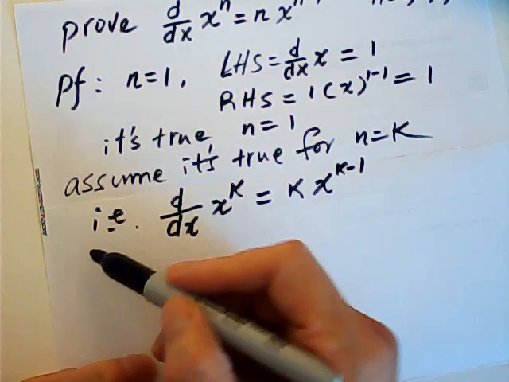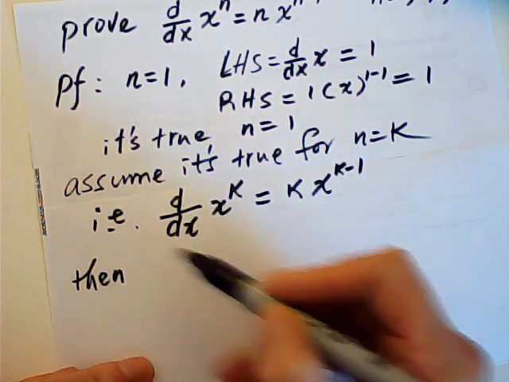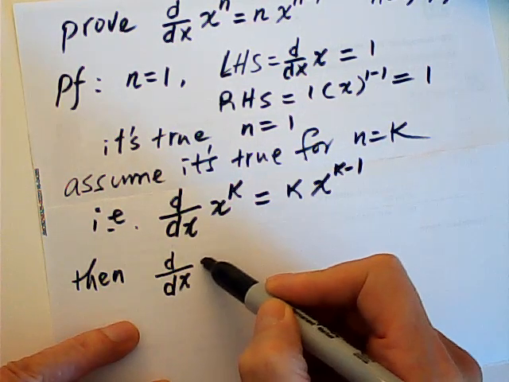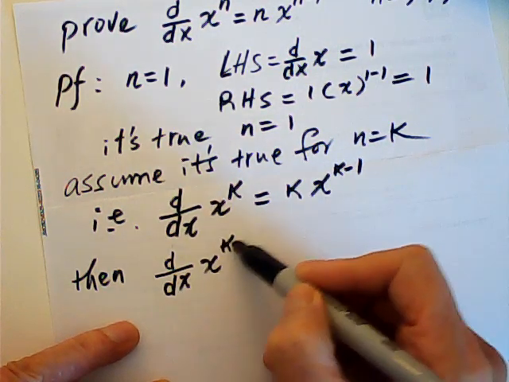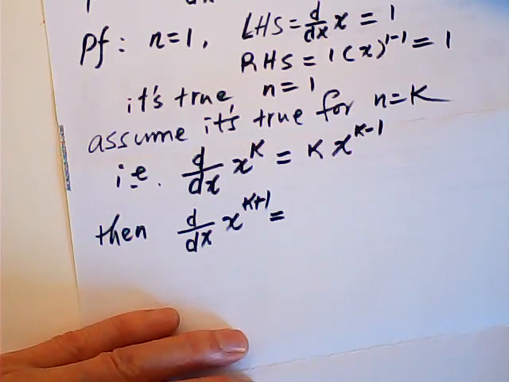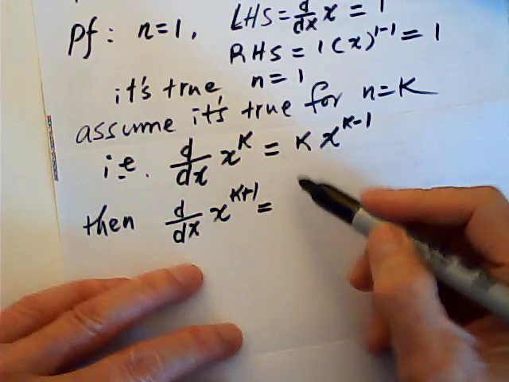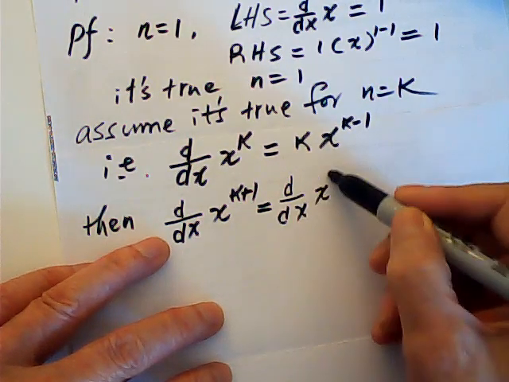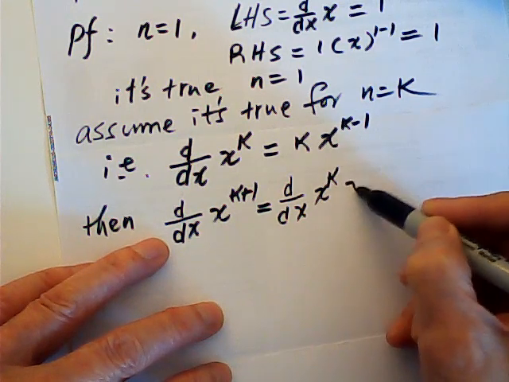Okay, then the derivative of x to the power of k plus 1 would be equal to the derivative of x to the power of k times x.